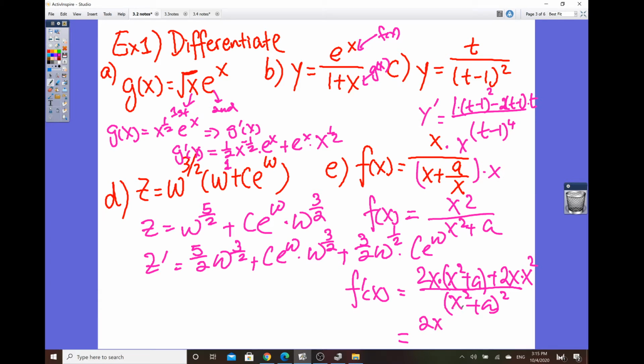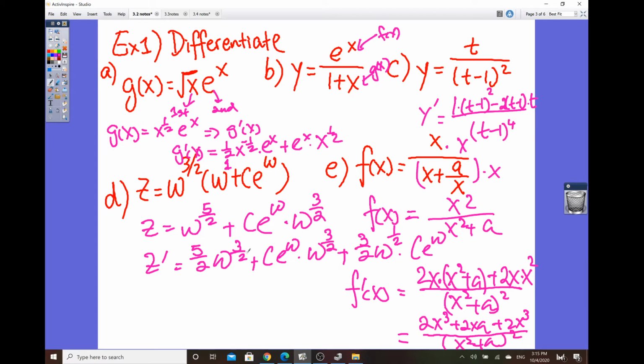You can distribute if you want to, 2x cubed plus 2xa, and then plus 2x cubed, right here, all over x squared plus a, quantity squared. And obviously you can combine the like terms.